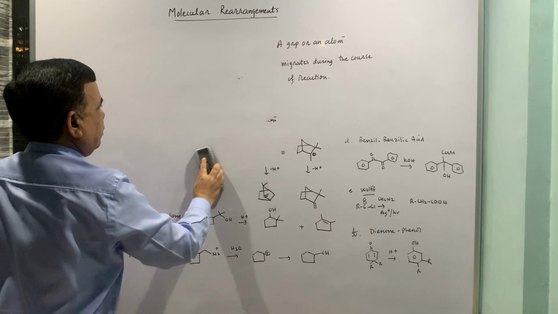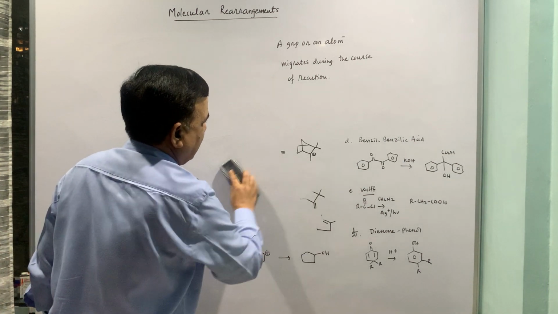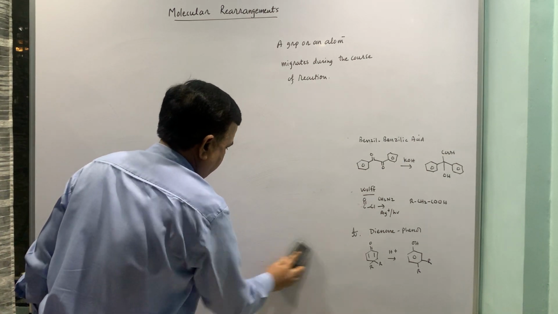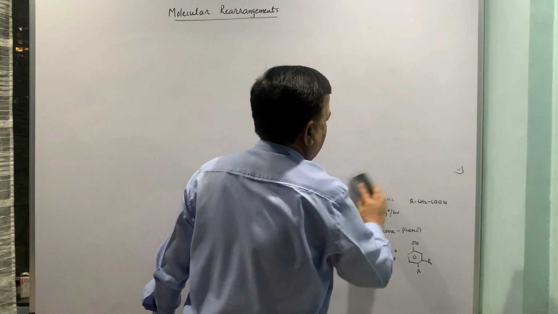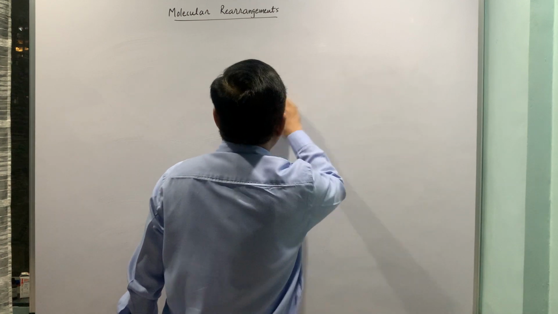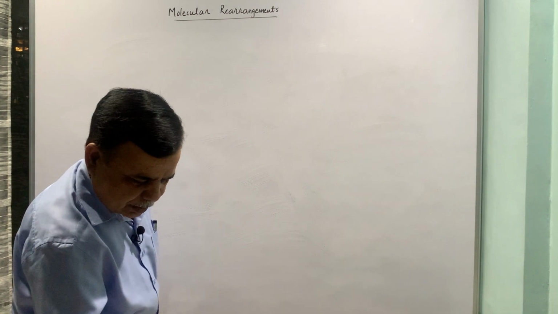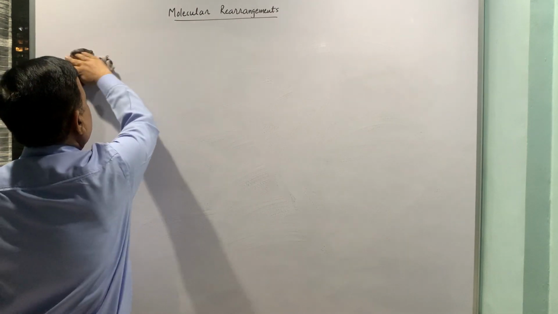So now once we are done with the mechanism, I will tell you the tricks how to remember all 10-15 reactions that are there, and the name reactions are important because a lot of questions would be asked, either theory or numericals.